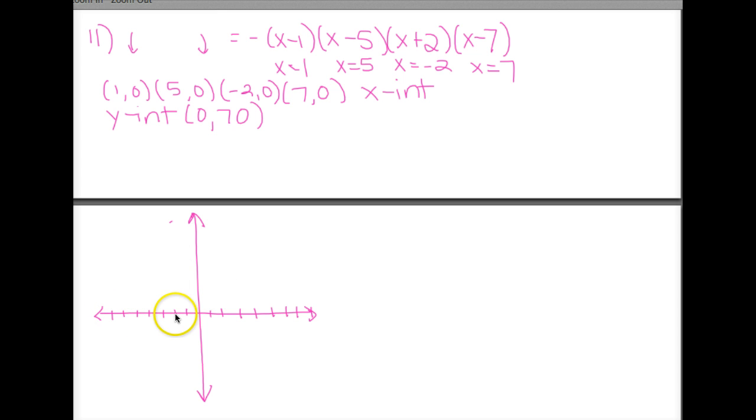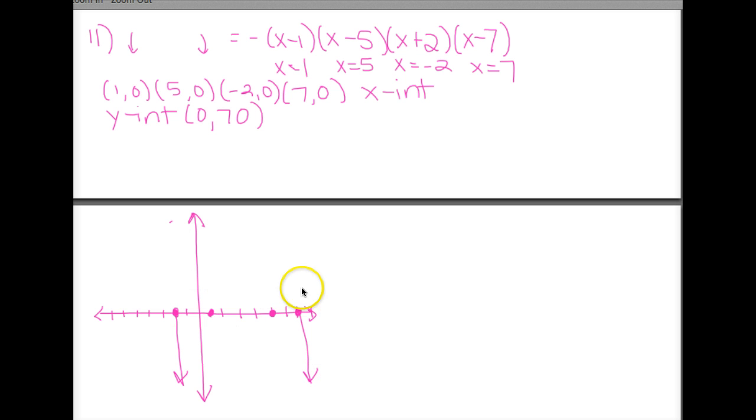But since I already listed them, I can just go ahead and make dots. So negative 2, positive 1, positive 5, and positive 7. Once I have those, I can also fill in my end behavior. I know that it goes down on both sides. So after this, it needs to go down, and after this, it needs to go down.